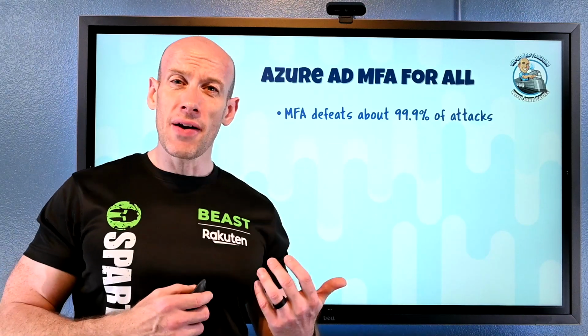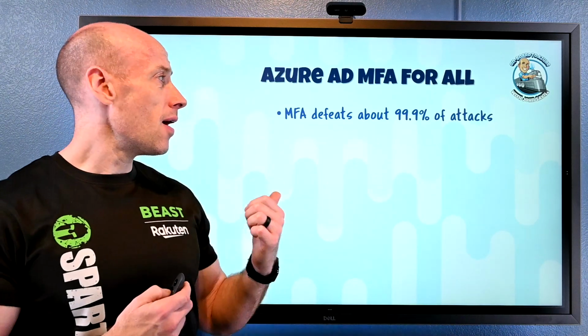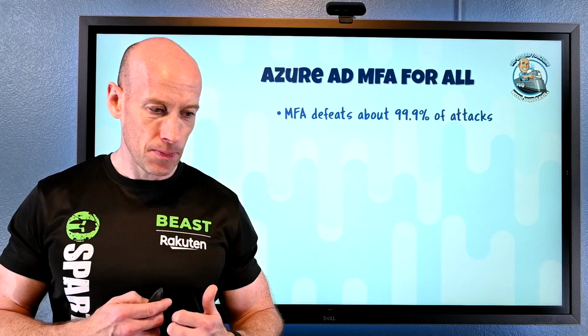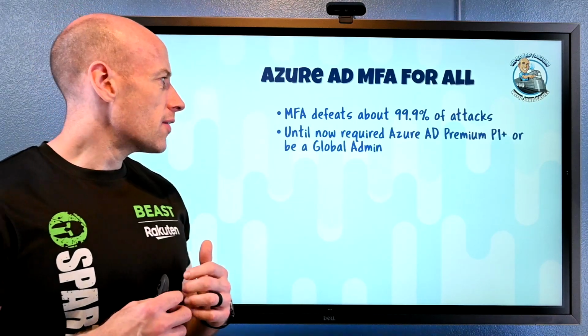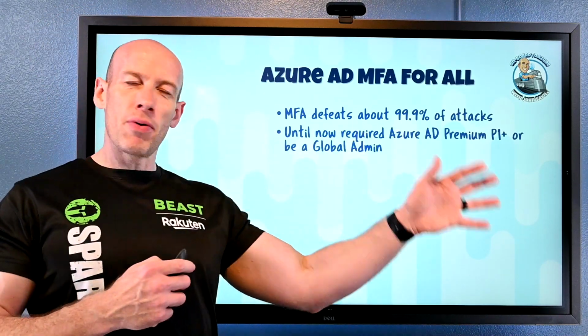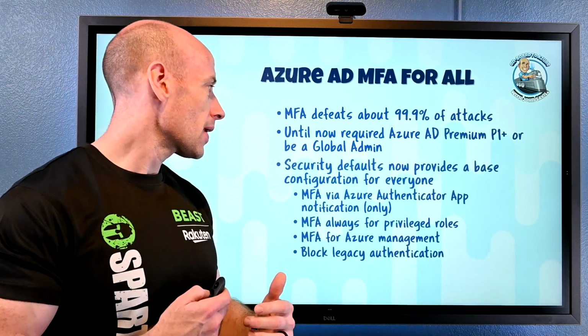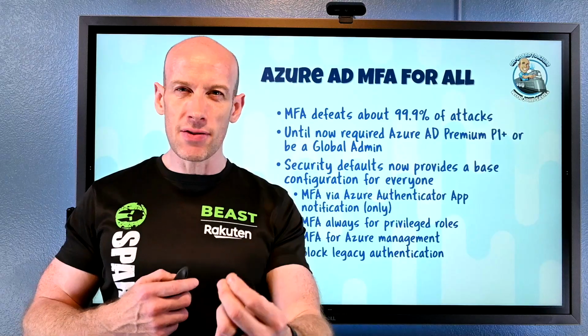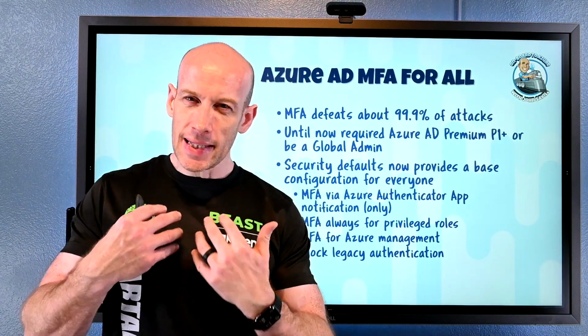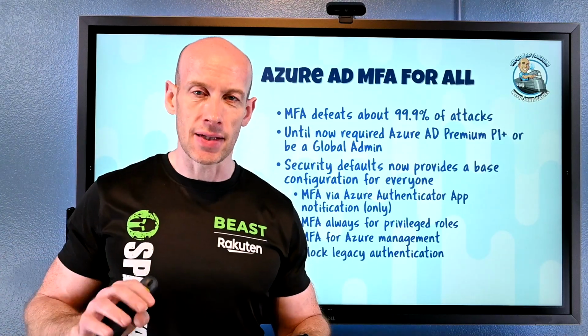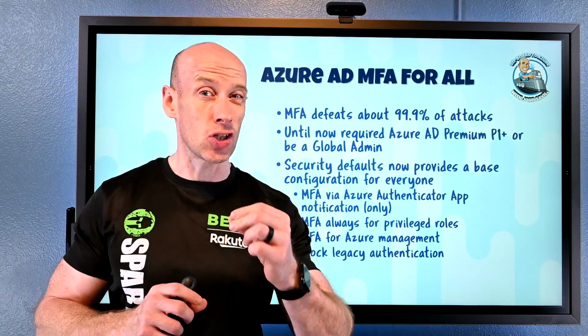For companies that don't have Azure AD Premium, well, now I can get access to MFA. And the way this surfaces is, before it was premium only, or global admins could also use MFA. There are now these security defaults. So for my Azure AD tenant, if I'm already using conditional access, I cannot turn this on.